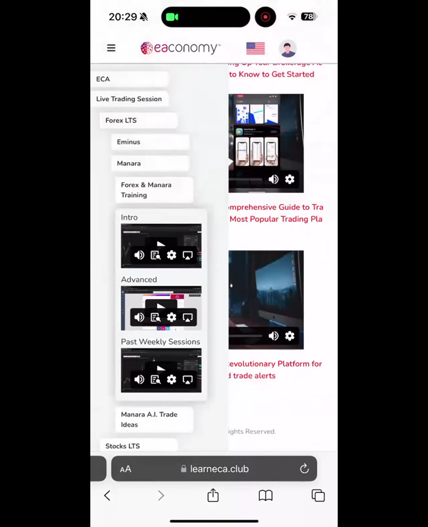You also have weekly trainings on Manara as well, but a lot of us don't know this. That's why calls like this happen weekly. There are weekly trainings on Manara as well. I'm going to show you the calendar, so on your own you can look it up and add it to your personal schedule. So you have the advanced weekly session and the past weekly session.